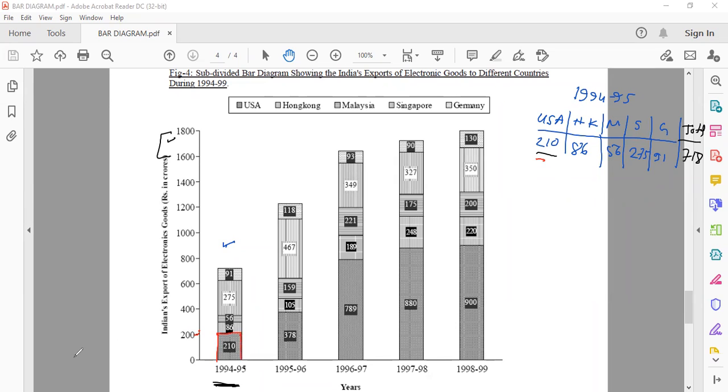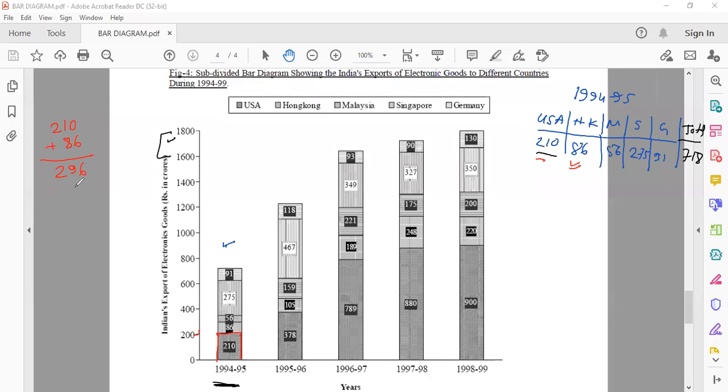Okay, now above it I use another rectangle of 86 height. How can I get it? 210 plus next data is 86, so adding them we get 296.